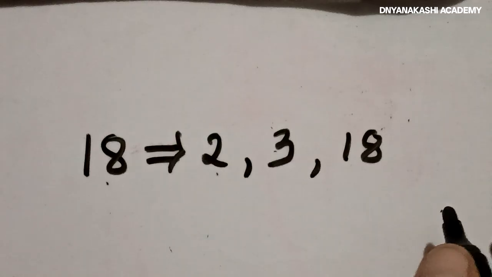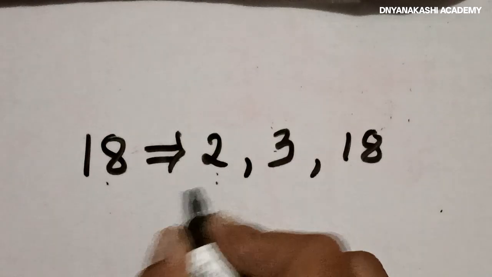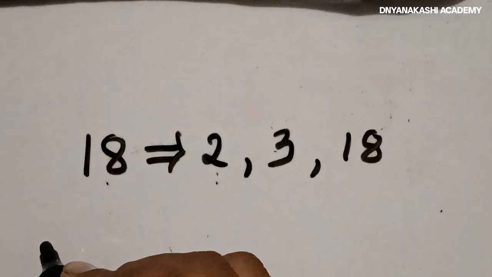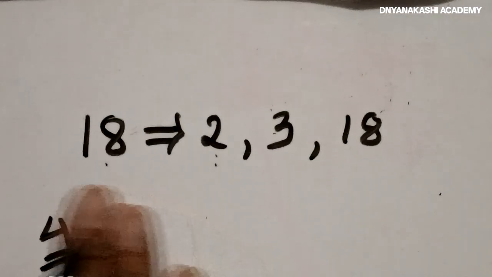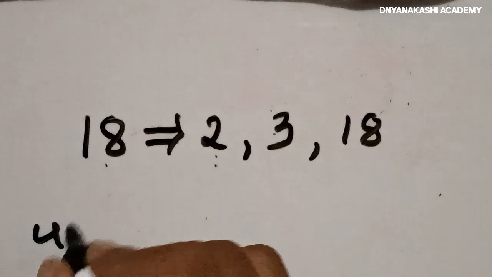I check the divisibility test of the given numbers. First option, the last unit digit is 4. This one is completely divisible by 2. First option, what is here?